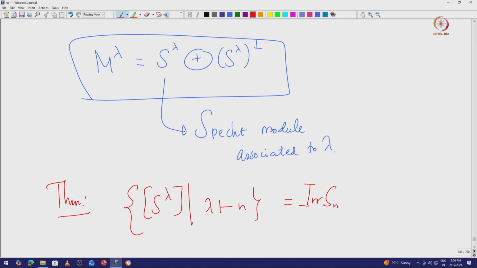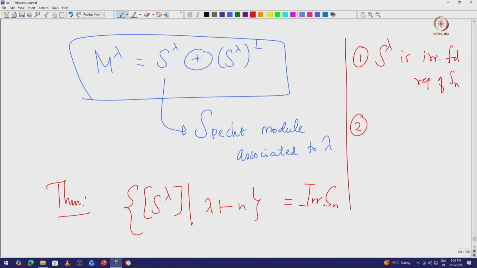So, there are two things to prove. The first one is that all these S lambdas are irreducible finite dimensional representations of Sn. The second thing to prove is that they are non-isomorphic copies.